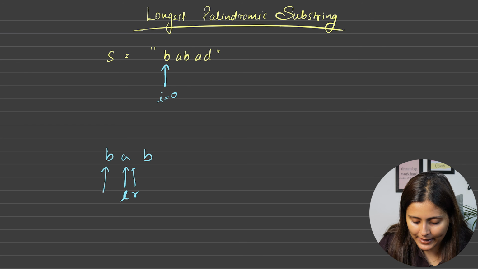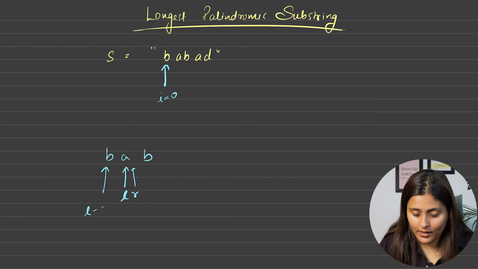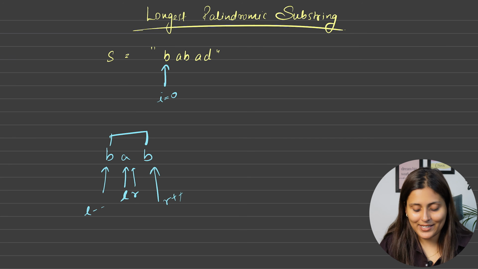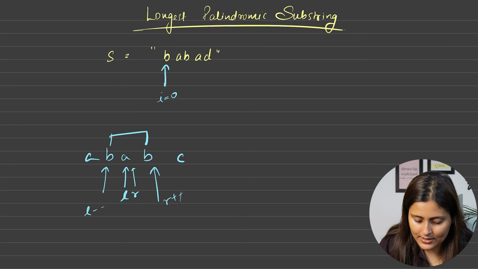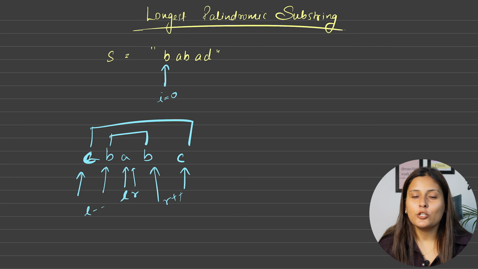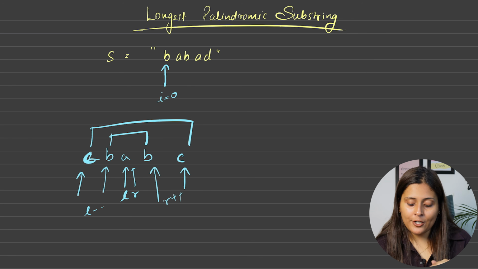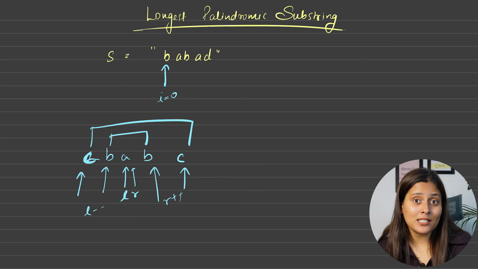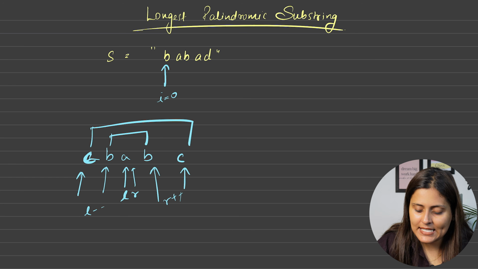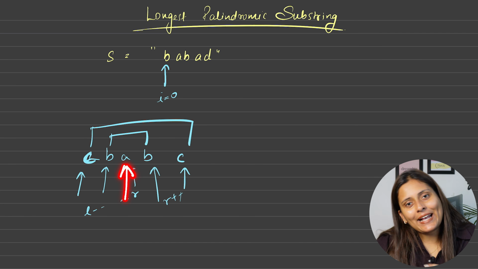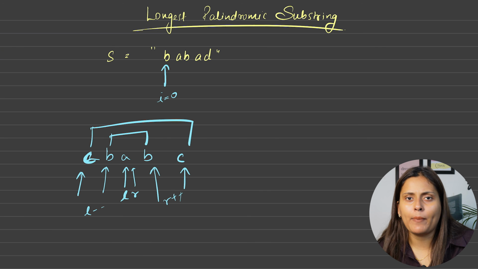Means we'll do left minus minus, and we'll do right plus plus, and definitely again we'll match this, correct? Again, if there is C and C, suppose, again we'll do left minus minus, right plus plus, and we'll match this. So basically we are checking the same way, but instead of generating the substring, we will only send this ith value, and we'll say you expand yourself and then check if you are a palindrome or not.